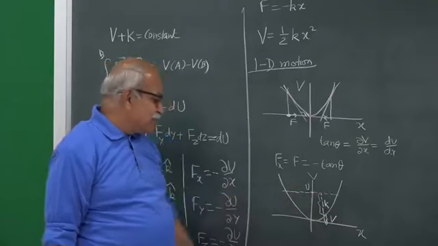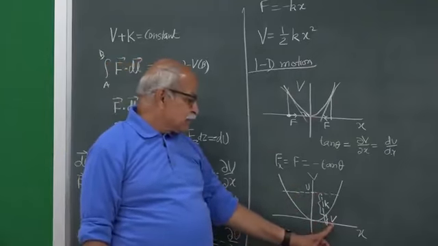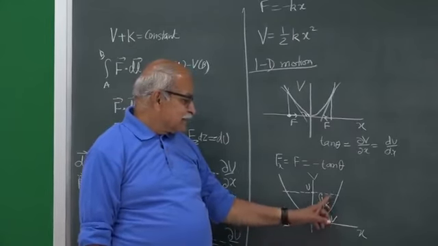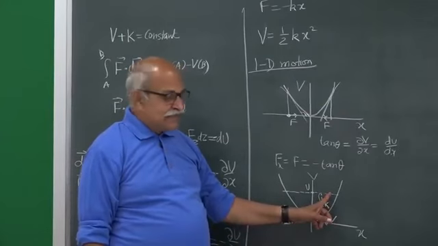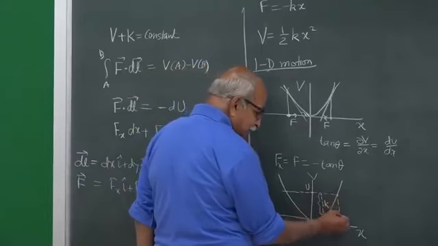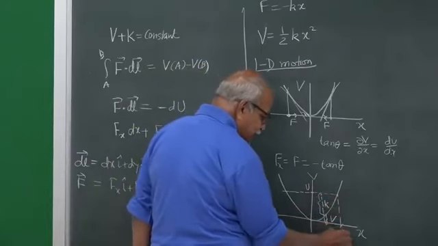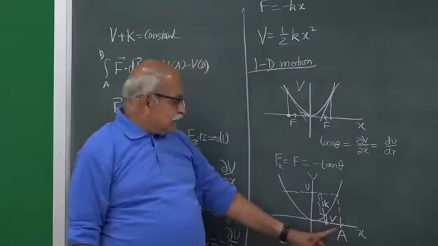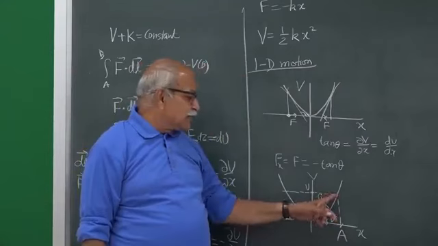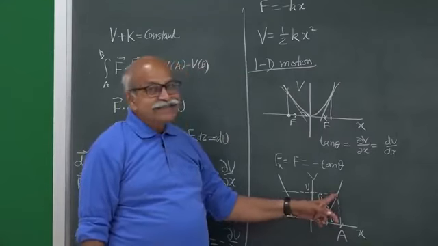Now you can see if the particle is moving away from the origin, the potential energy is increasing, the kinetic energy is decreasing, the total remains U. And if the particle reaches this particular point here, call it x equal to a, what happens? This is the potential energy, and this is also equal to the total mechanical energy, and therefore the kinetic energy is 0.